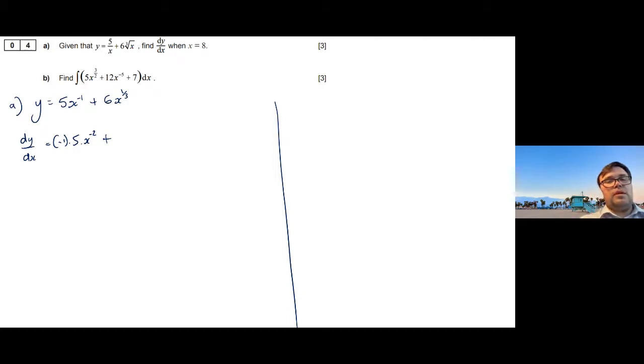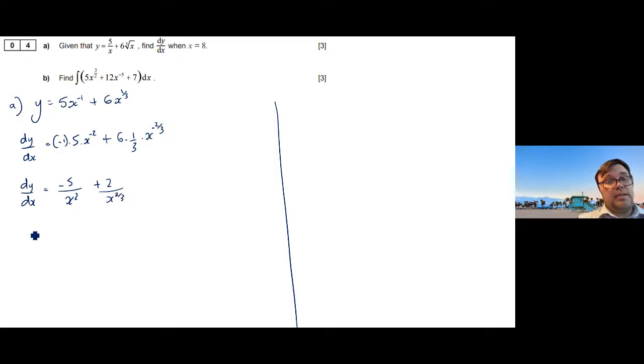So it's going to be 6 times 1/3 x, and then it is 1 minus 1/3, which is going to be minus 2/3. So dy by dx is minus 5 over x squared plus 2 over x to the 2/3. Doesn't really make any difference. We could put it underneath x to the 2/3.